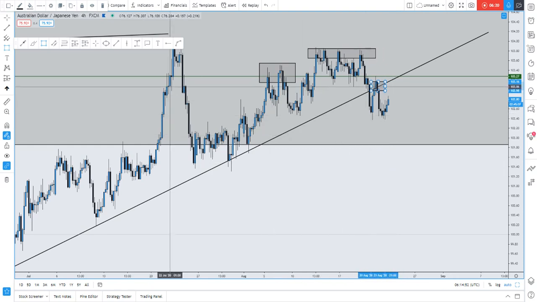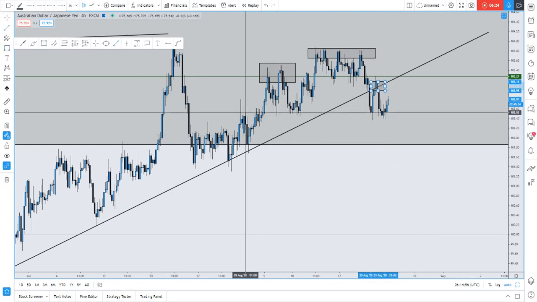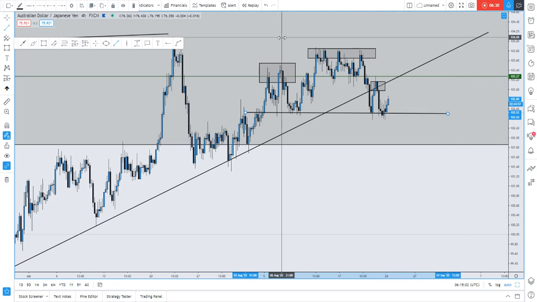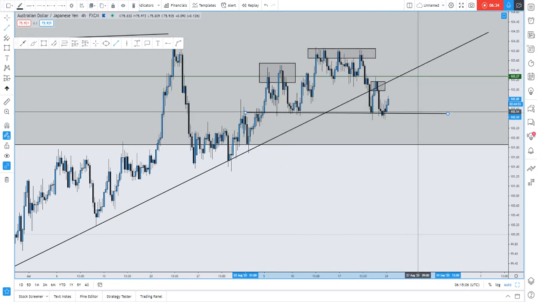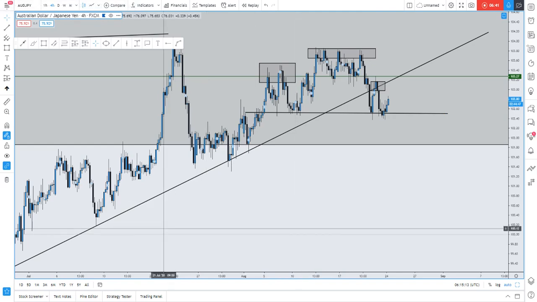And what do we have? We have this area as the neckline right here. So what do I expect from price actually? I expect price to just break down below, do a retest and project down further. So that's my whole bias behind AUDJPY to go short on it.